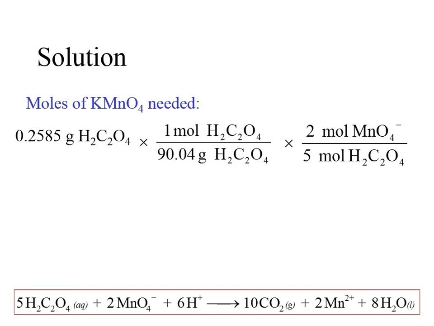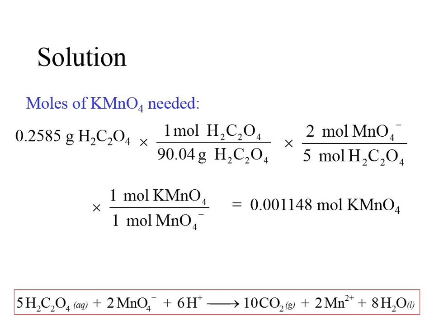So if you're okay with that, you'll see unit-wise, that has left me with moles of MnO4 minus. So of course, I can now put 1 mole of KMnO4 over 1 mole of MnO4 minus, which gives me units of KMnO4. So when the dust finally settles, we're allowed 4 significant figures. That's the moles of KMnO4.